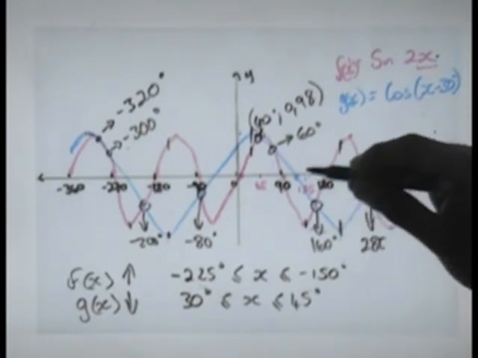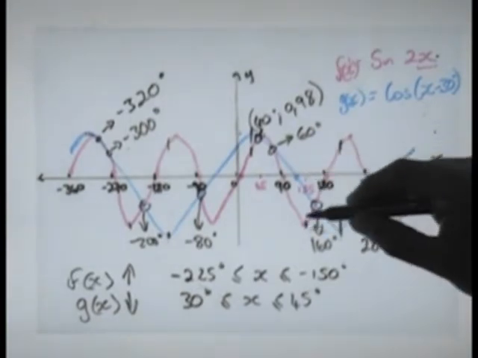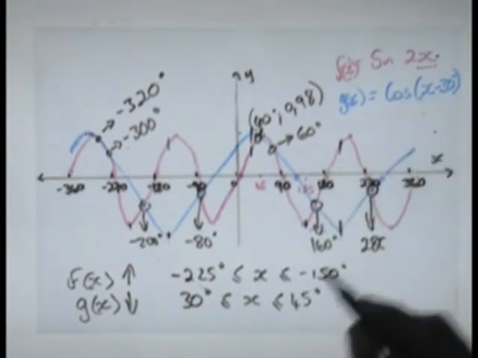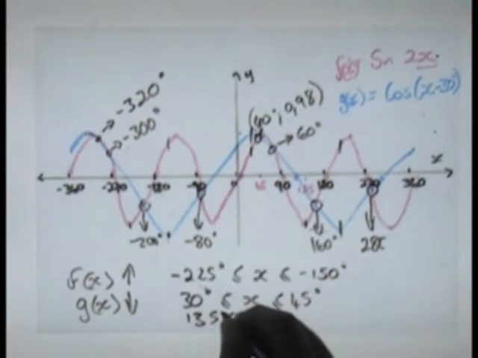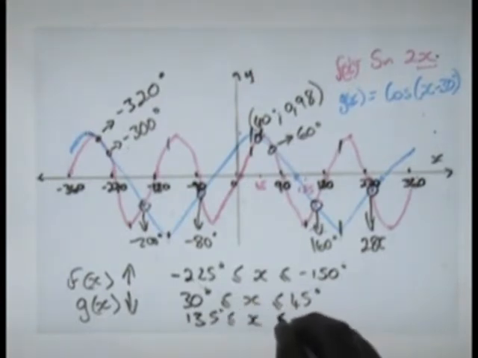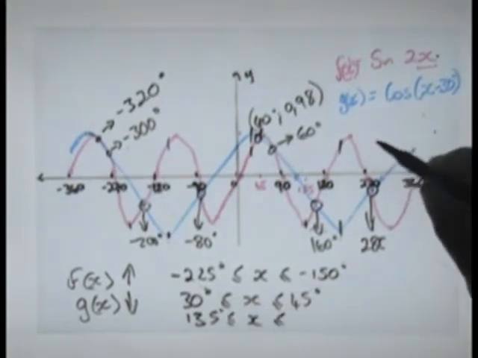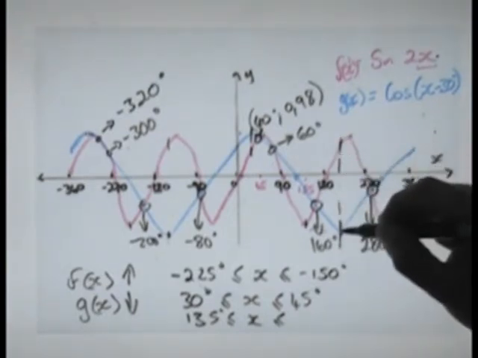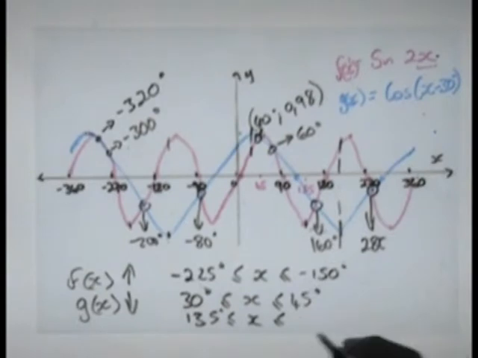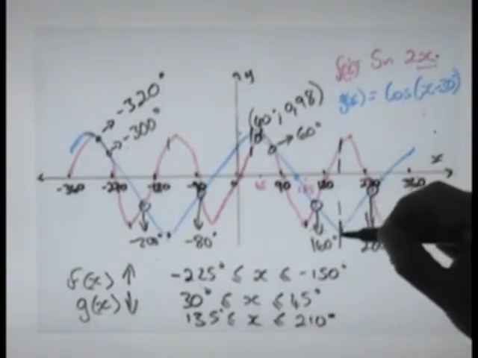That point is f of x's lowest point, which is at positive 135. So x is greater than or equal to 135 degrees, but less than or equal to that point over there, which is equal to 210 degrees. How do I know 210?